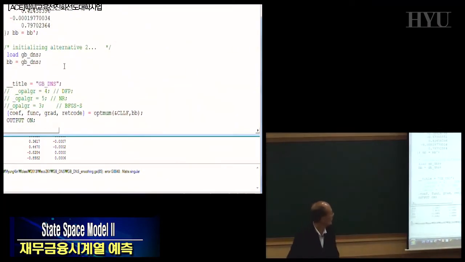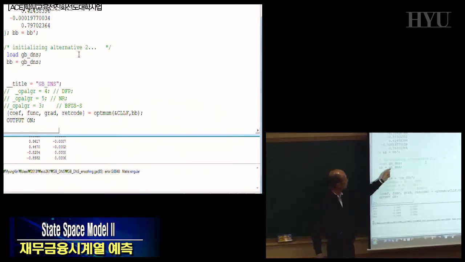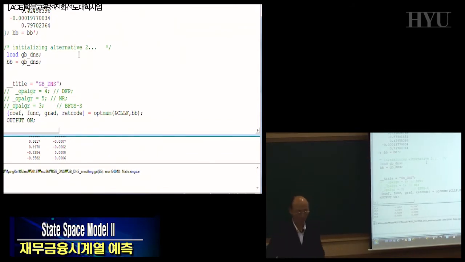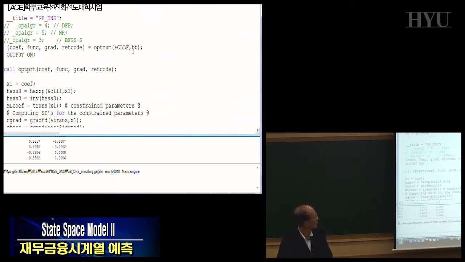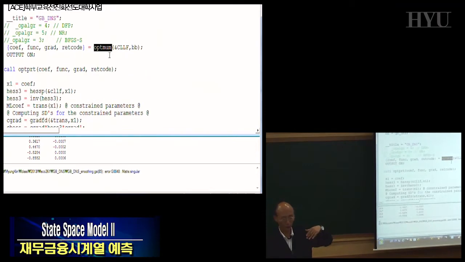Okay, so you start with those initial guesses, and then this is the way we call optimum. What it does is try to maximize the objective function numerically, given the initial parameters and your objective function.